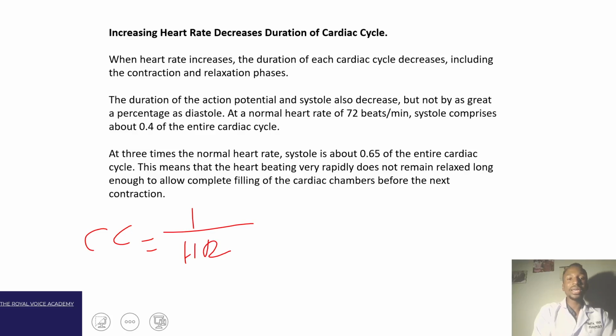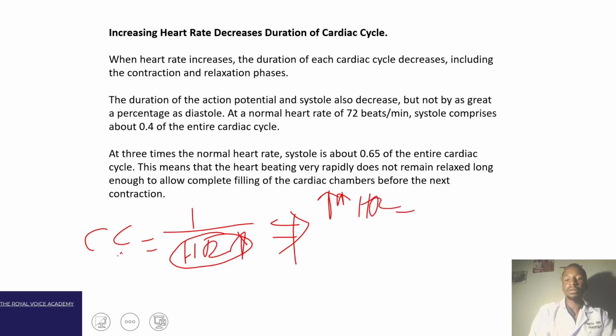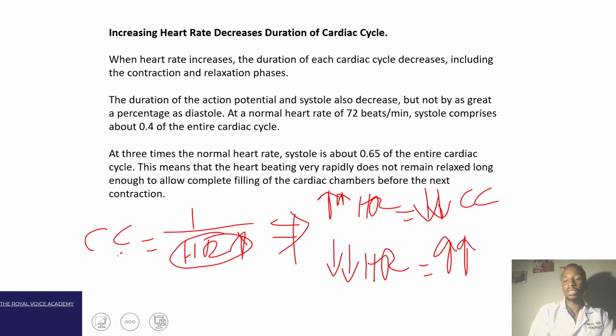So when you increase the heart rate, you decrease the cardiac cycle, and when you decrease the heart rate, you increase the cardiac cycle, because these two are inversely proportional.